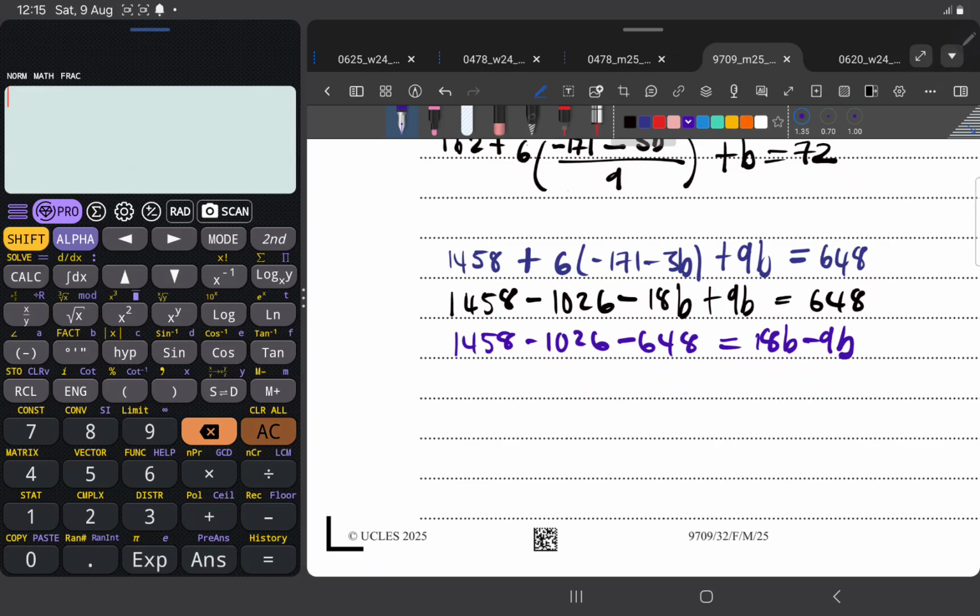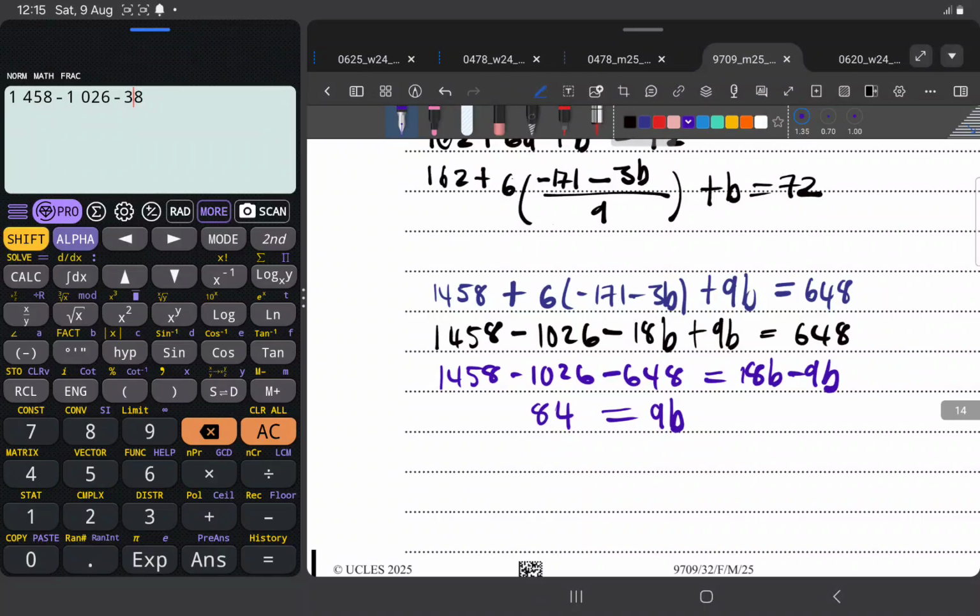And now, let's simplify. So I would say 1458 minus 1026 minus 648. I would rather do the longer method to make sure I get my answers. 84 is equal to 18b minus 9b. This becomes 9b. Okay, so this is what I'm having so far. 1458 minus 1026 minus, oh no, this should be 648, not 348.